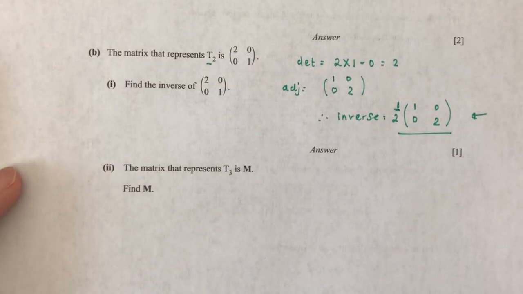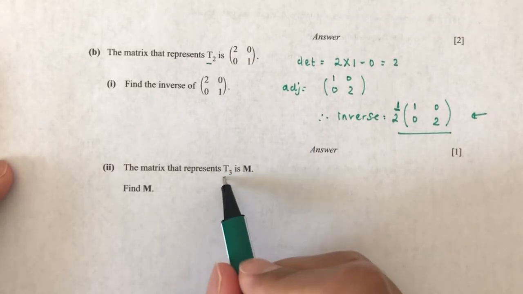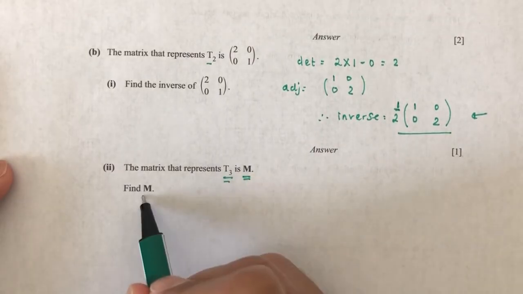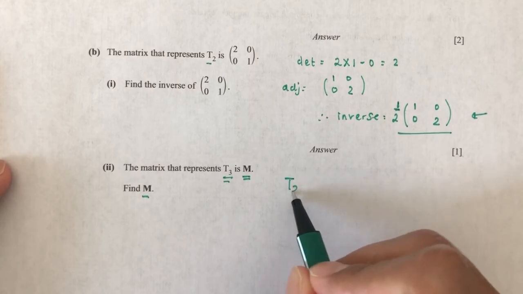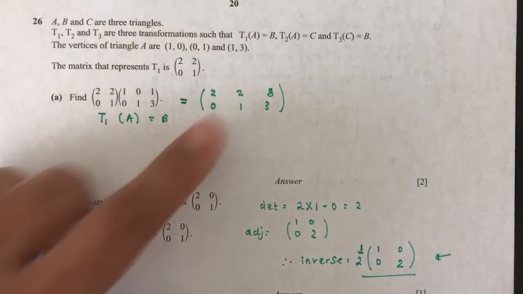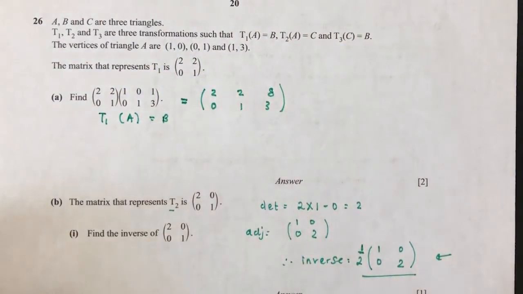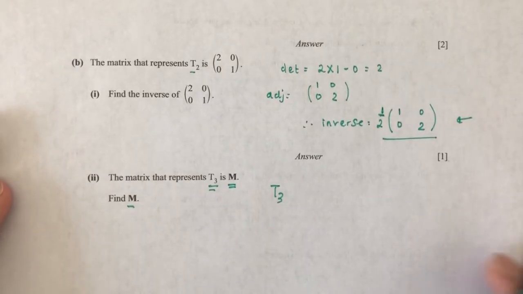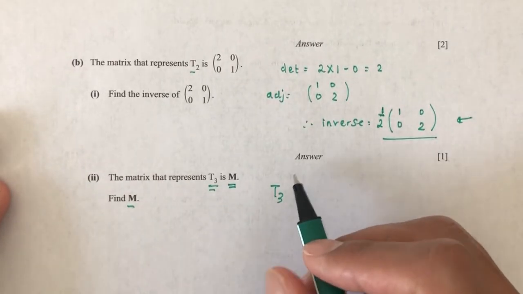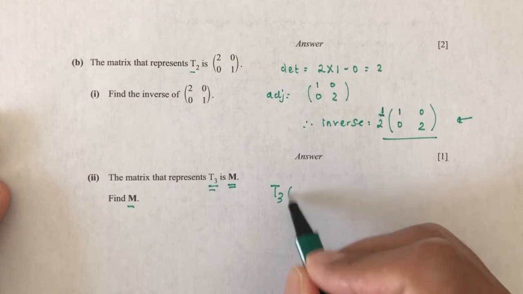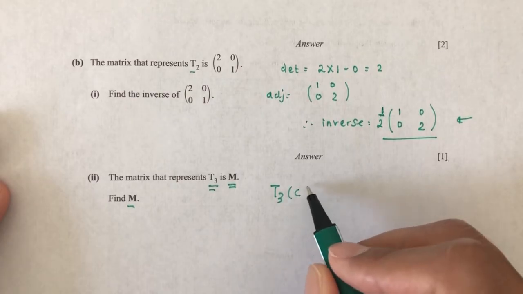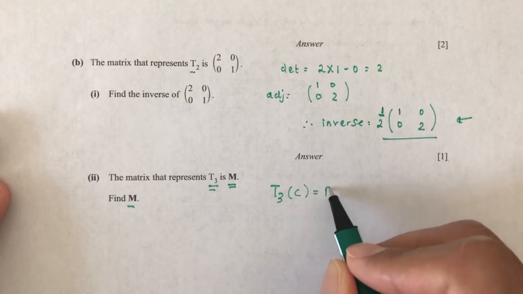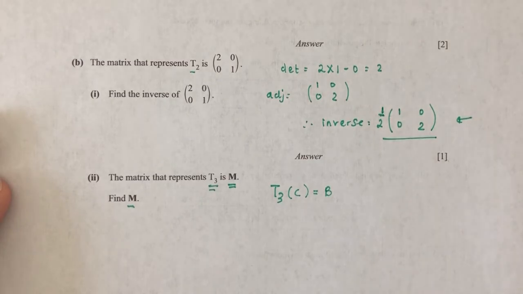So now moving on to part 2. The matrix T3 is M, find M. We know from the first information that T3 transforms C into B, right?